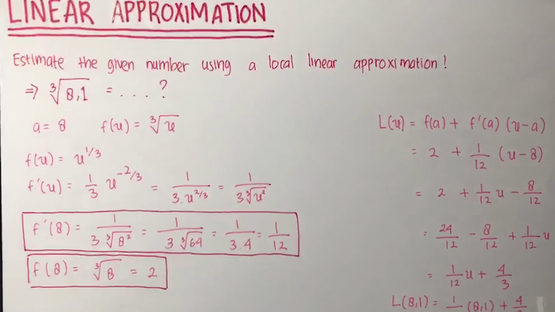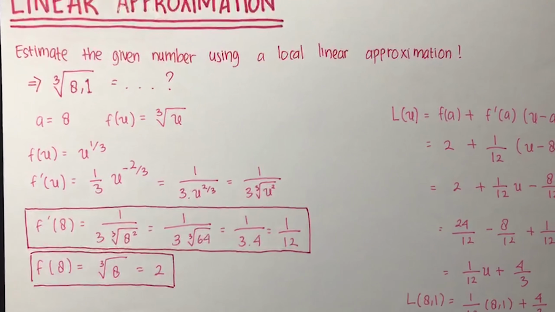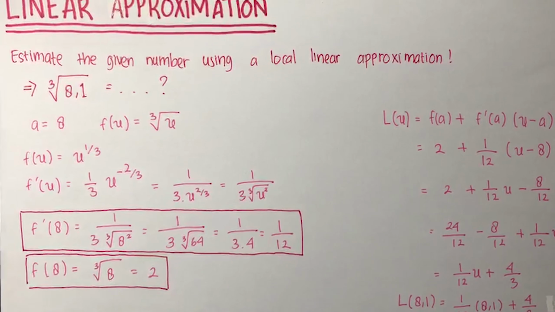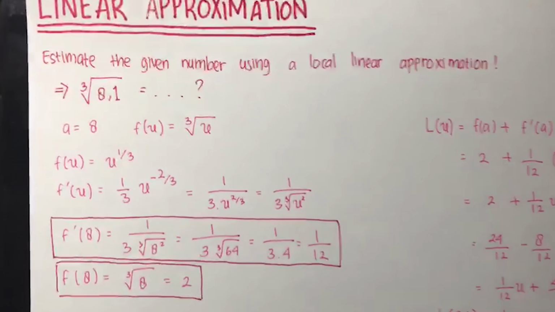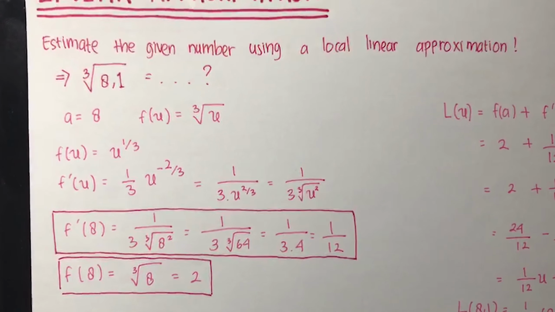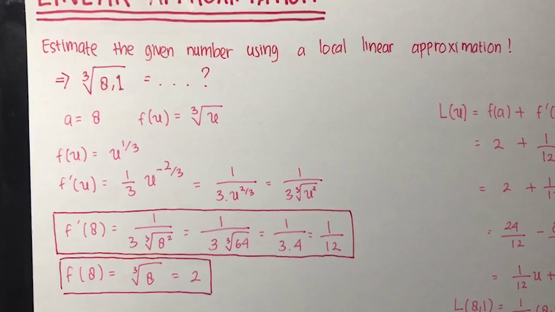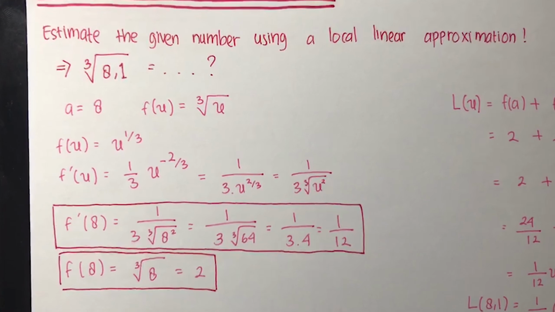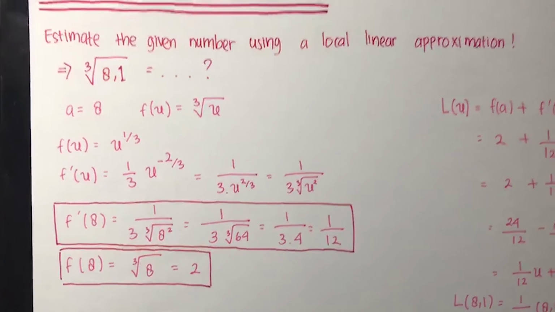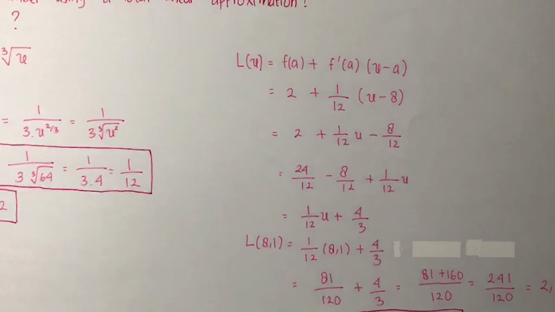So this is the other example. Estimate the given number using a local linear approximation. When you are asked the cube root of 8.1, you can use the linearization too.